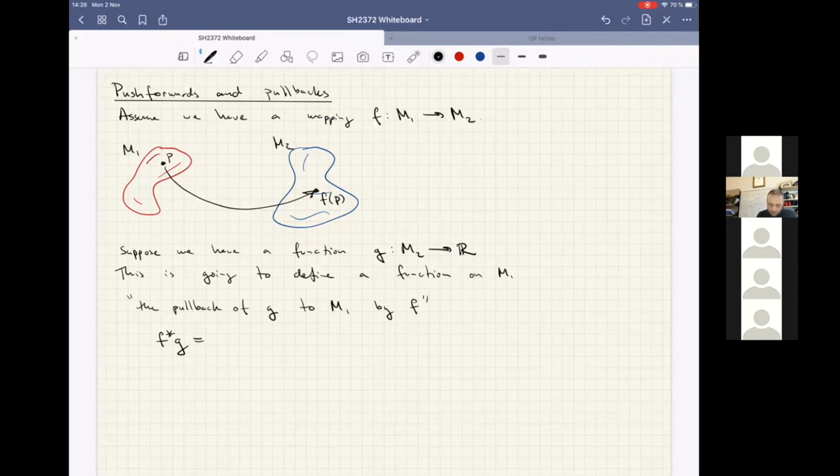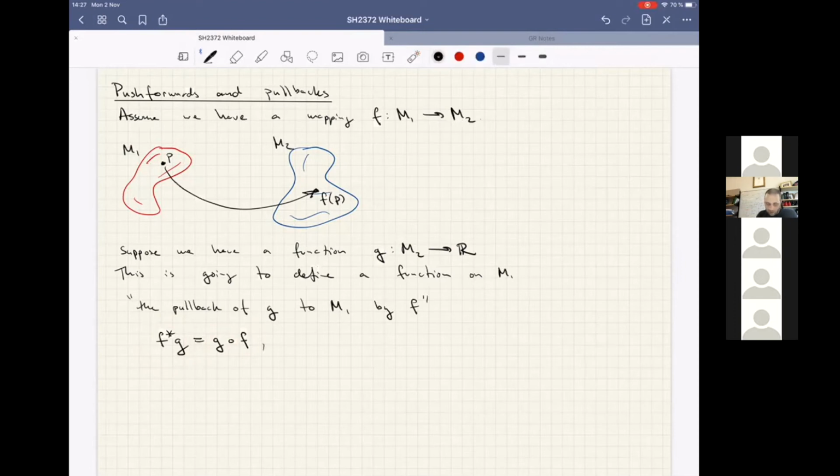So g composition f. If we take this point P here, we can map that to M2, which is done by the function f, and then we take the value of g at that point and define that as the value of f star g, the pullback of g.